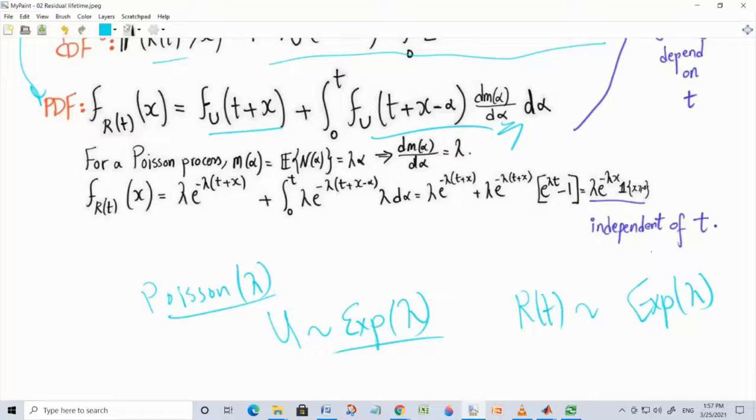Because in the Poisson process we use the exponential, and for absolutely continuous random variables, remember, the exponential distribution is the only one with the memoryless property. So this memoryless property makes R of t have a distribution independent of t.